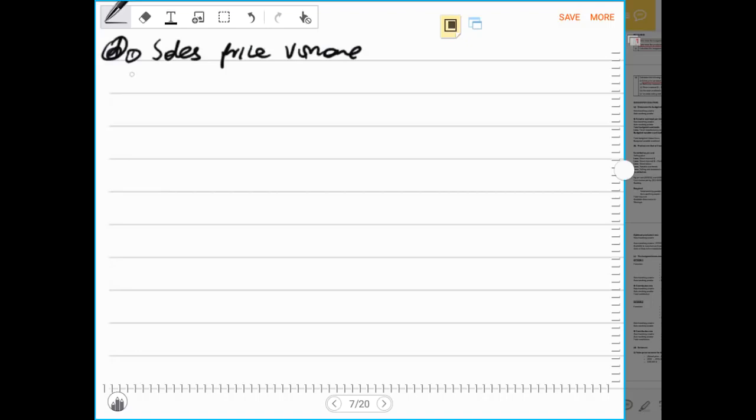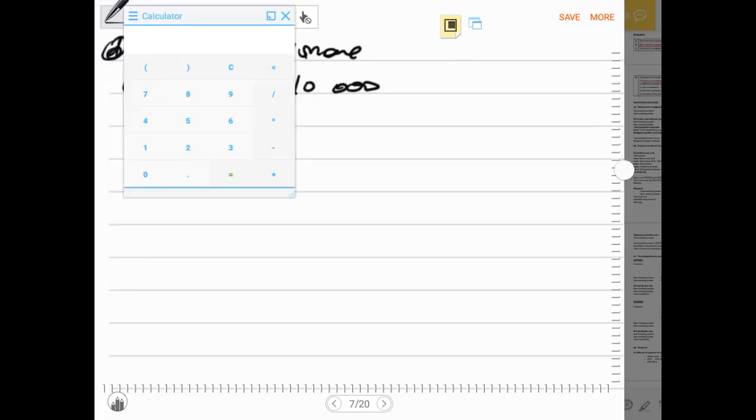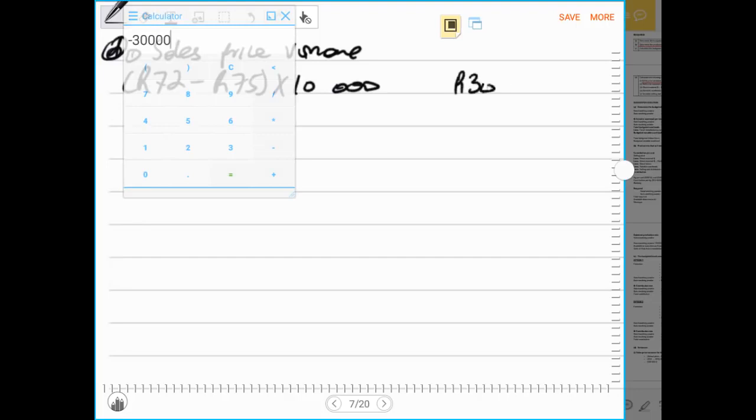My sales price variance will be the actual price of 72 rand minus the standard price of 75 rand times the actual units that were sold. So it will be 72 minus 75 times 10,000 units, meaning 30,000 will be an unfavorable variance.